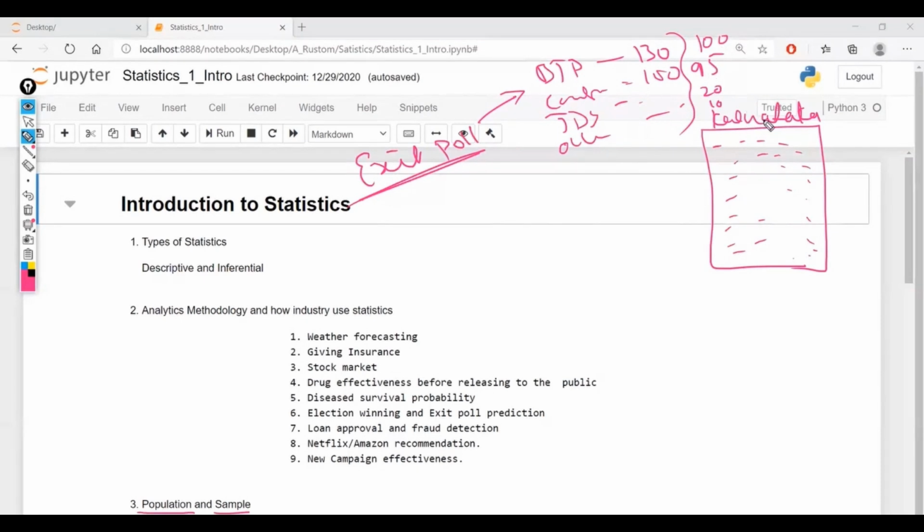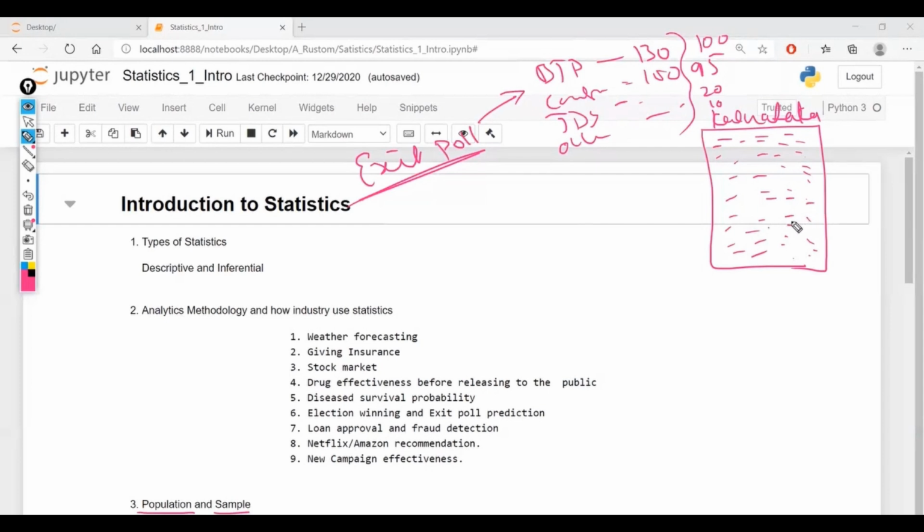Because they are not going to study the entire population, right? It's impossible to reach each and every person in any state, Karnataka, Tamil Nadu, UP, MP, Rajasthan, whatever it is. It is impossible to reach everyone and take their opinion.